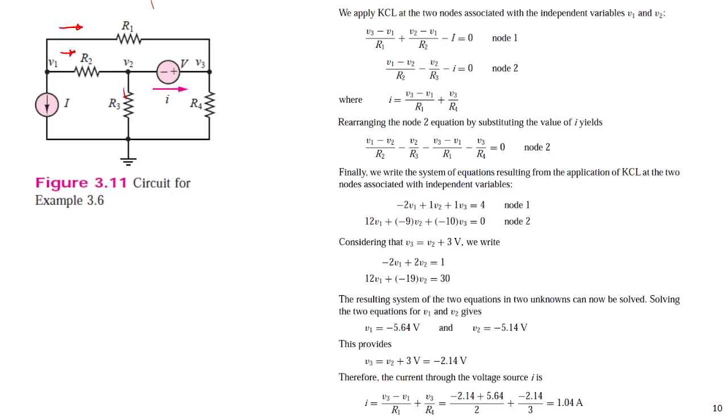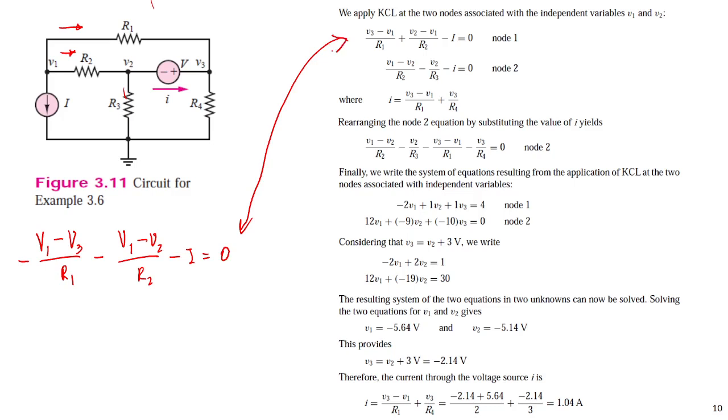But the equation becomes V1 minus V3 divided by R1, right? Minus here, right? It becomes minus, and minus V1 minus V2 divided by R2, and then minus I equal to 0.